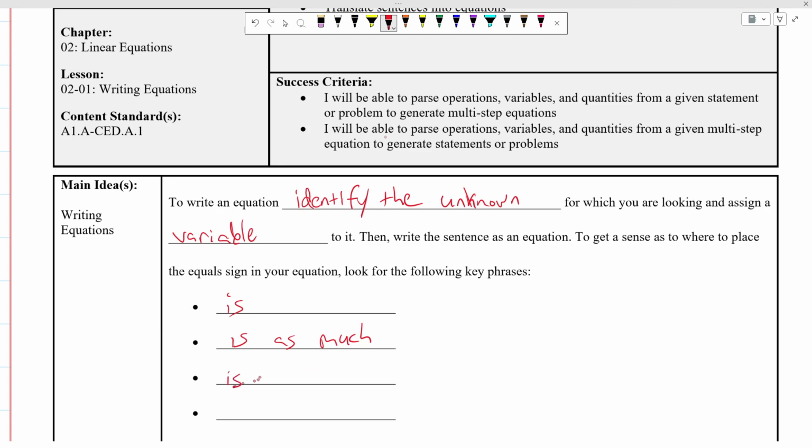How about "is the same as"? How about "is identical to"? You could also say "is equivalent to."